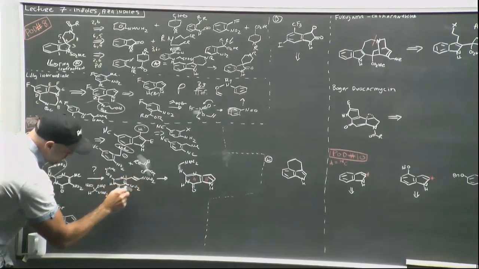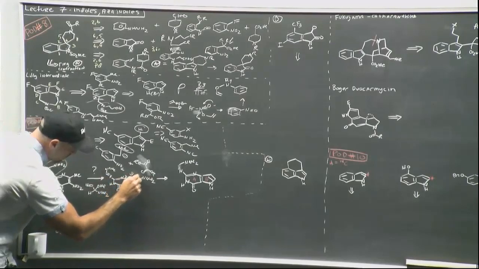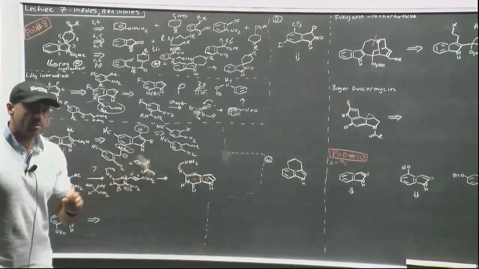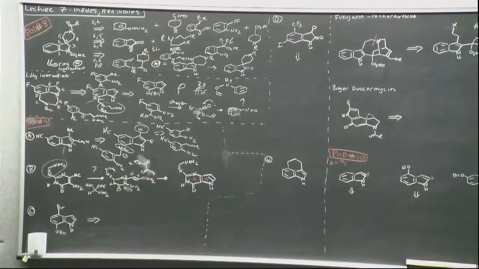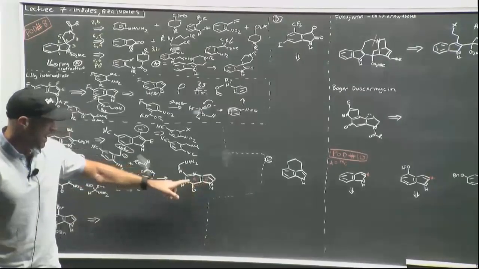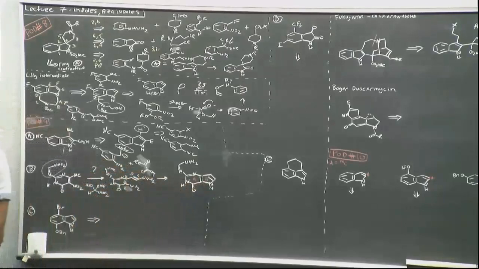Oh, sorry. There's your 1,4-dicarbonyl. Now, when we see a ring system like this, as we will talk about in, I guess, next month, we have this question of where do we start from? In this case, it's kind of obvious because I've given you your starting material. But there will be cases in the future that we'll see where it would be more logical to make a pyrrole and then annulate onto that a pyrimidinone.